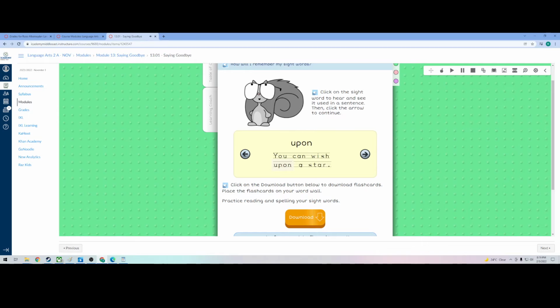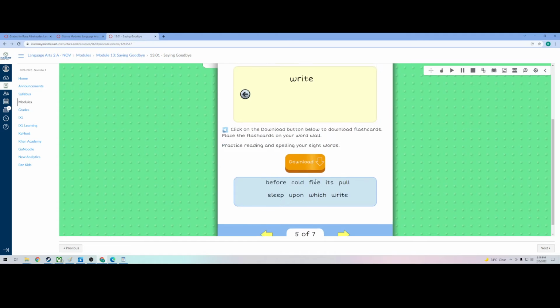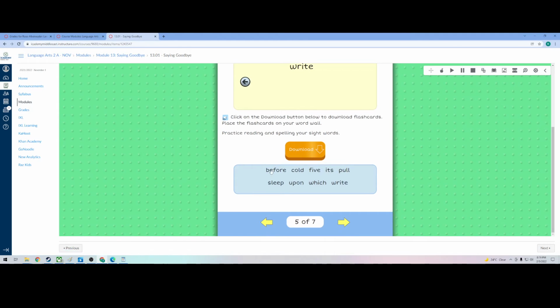You can wish upon a star. Which. Which shirt should I wear? Write. So again, my sight words for today: before, cold, five, its, pull, sleep, upon, which, write.